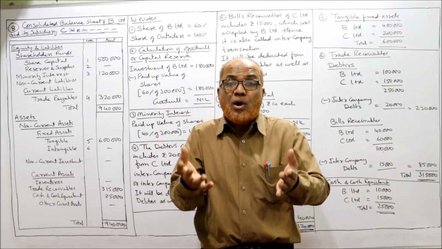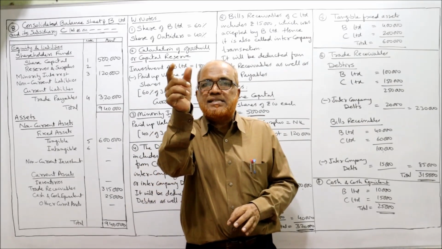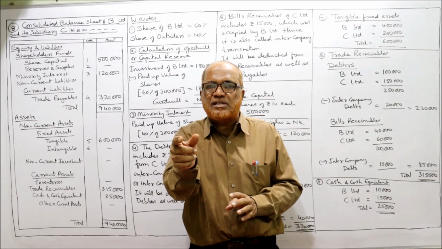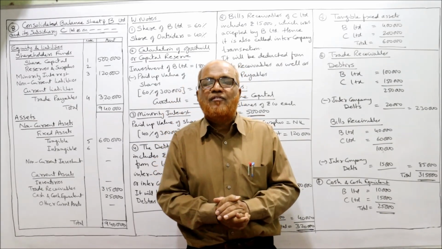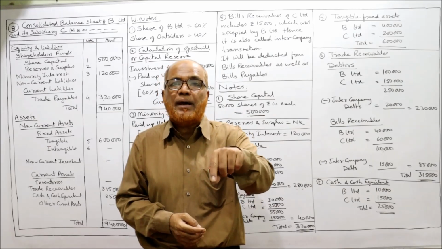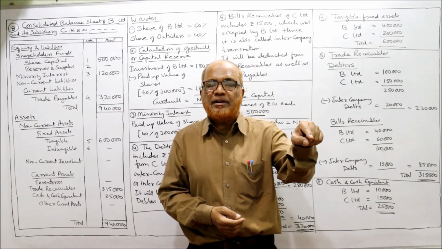That is intercompany. One more intercompany transaction. The bills receivable of C Limited includes 15,000 rupees bills which are accepted by B Limited.